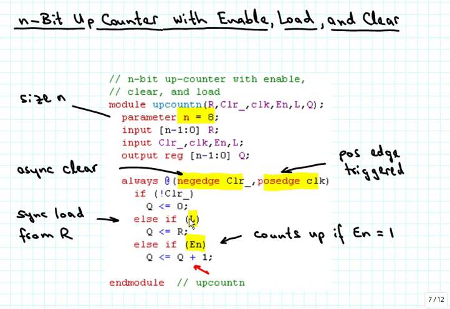However, if the always block was triggered through the positive edge of the clock, then that will go past the clear, and it will then check whether L is high or not, and it will only go into the actual increment of the count if L has not been set. So this results in a synchronous load from the register R on the positive edges of the clock.